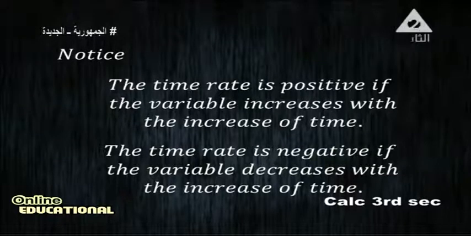The related time rate is between two variables. If we have the relation between A and r, then dA/dt equals 2 pi r dr/dt. If the rate is positive, then the variable increases. If the rate is negative, then the variable decreases.